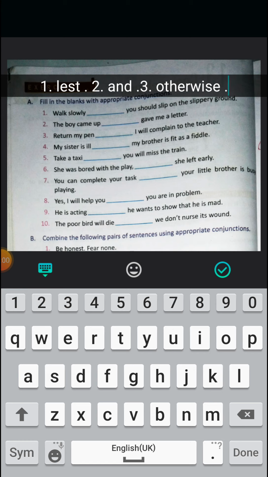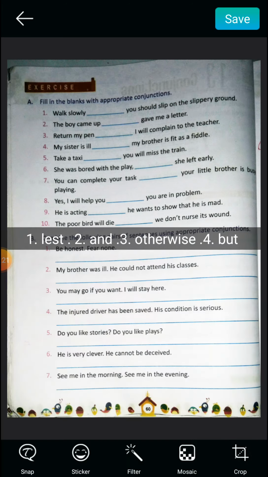The fourth one is: my sister is ill dash my brother is fit as a fiddle. Here we have two sentences of opposite nature, so we can use the conjunction "but". Fourth one, write in the fourth blank, but. Now let's move on further.